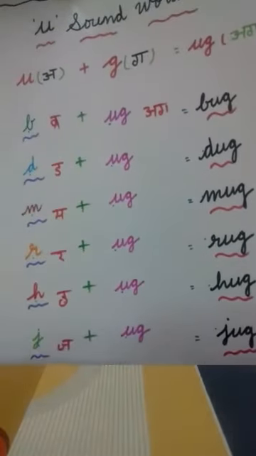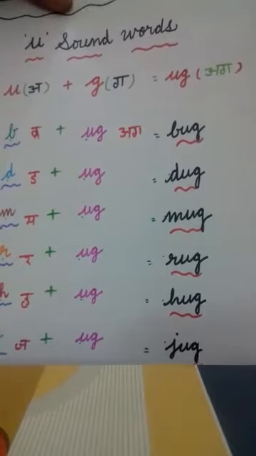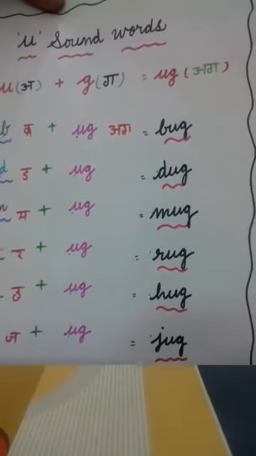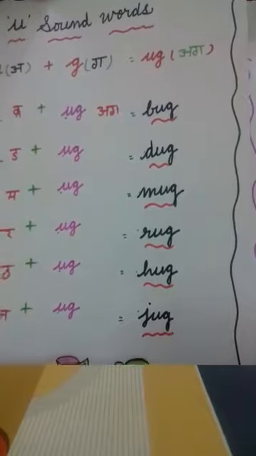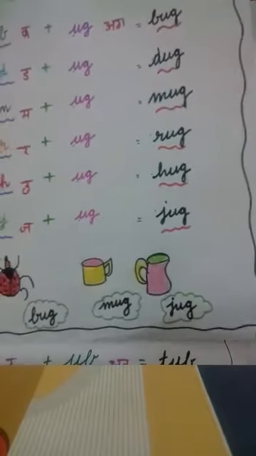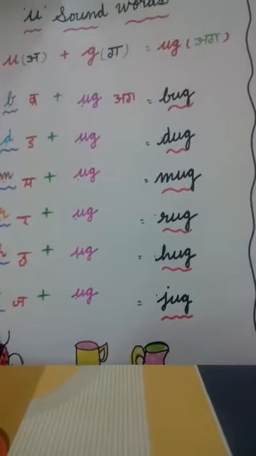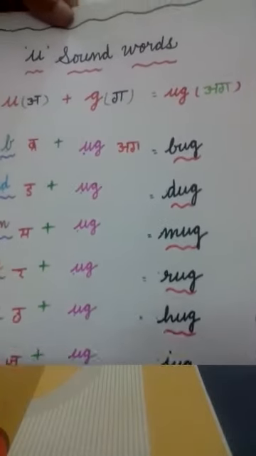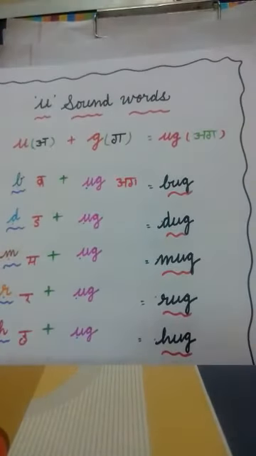Ba ag bug, da ag duck, ma ag mug, ra ag rug, ha ag hug, ja ag jug. These are the U sound words you have learned. Please practice them. Learn their sounds.